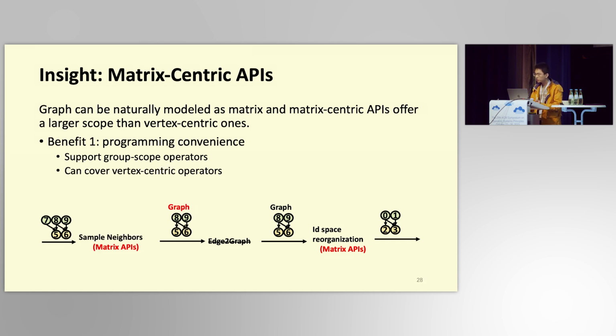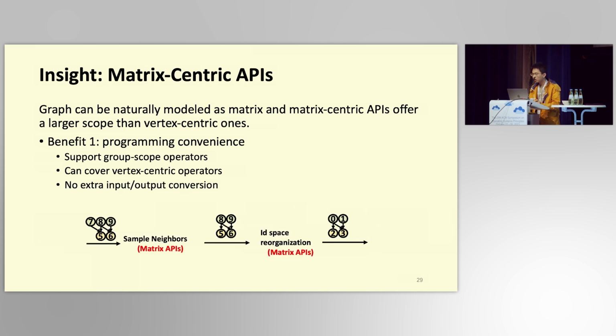And the matrix API can also express vertex-centric API operators, and consequently, all operators along the pipeline can be unified as matrix-centric API. So there's also no need to introduce extra format conversion overhead here, because we have aligned the input and output between the operators.